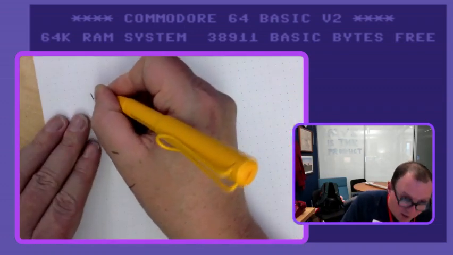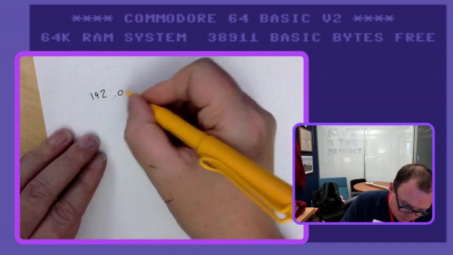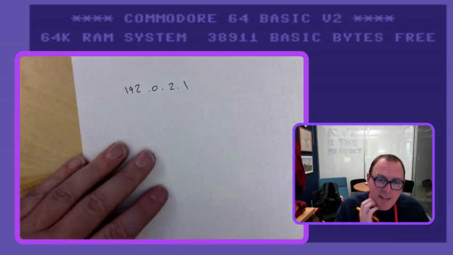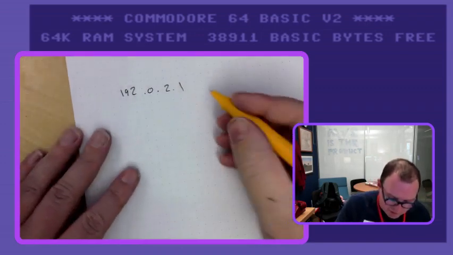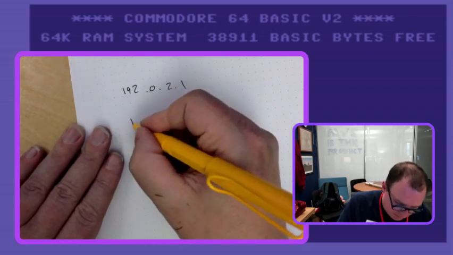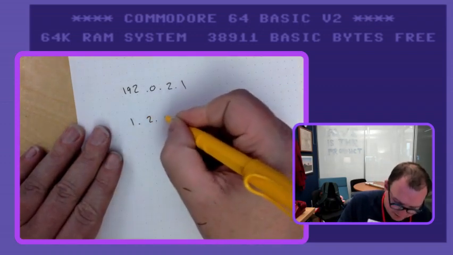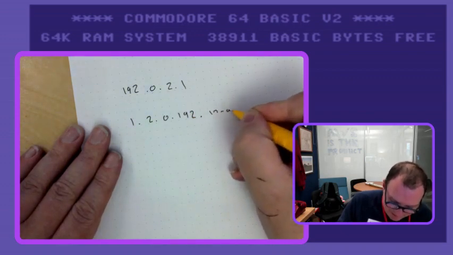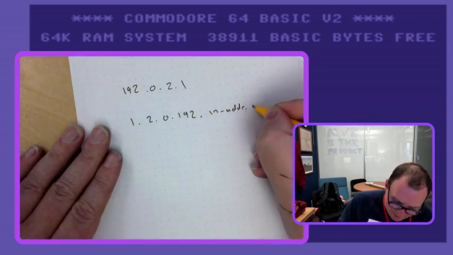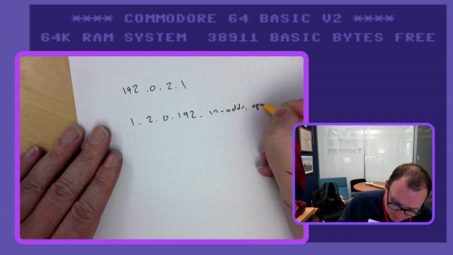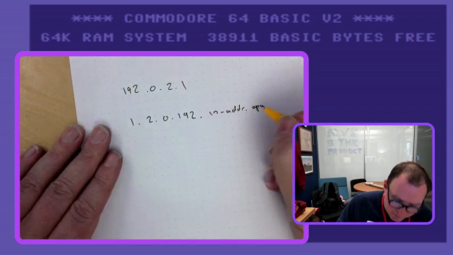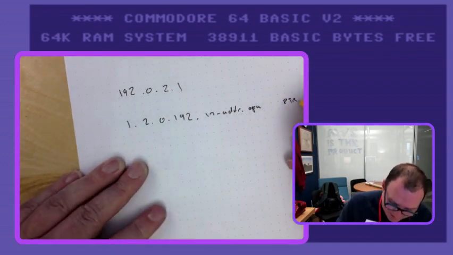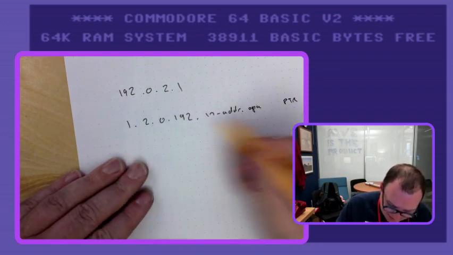So if I've got the IP address 192.0.2.1 and I want to find out what the name of it is, there's a convention to basically just turn it around backwards: 1.2.0.192, and then put this domain after that, in-addr.arpa, and resolve that with type PTR. And that's going to be the query.